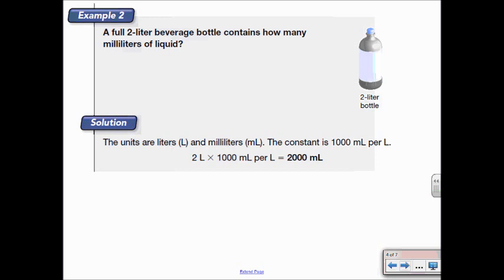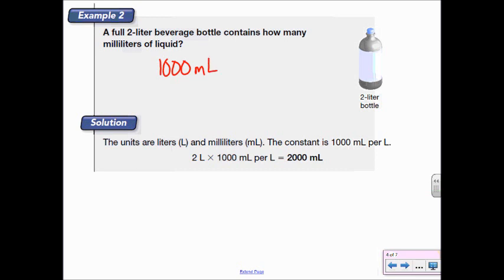Example 2: a full 2-liter beverage bottle contains how many milliliters of liquid? So we have a 2-liter bottle, and the conversion from the table says that 1,000 milliliters equals 1 liter.